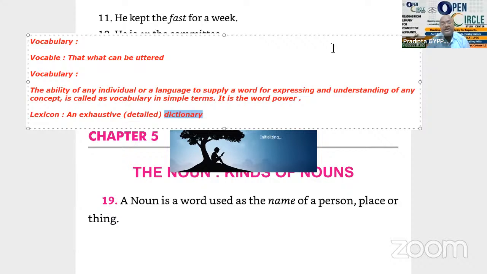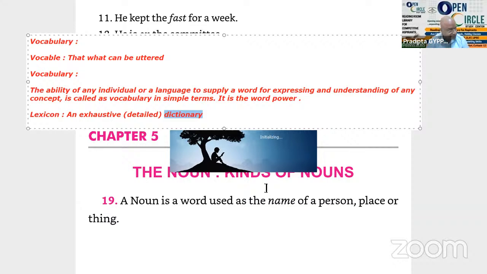A dictionary is a compilation, a book which contains the meanings of the words arranged in an alphabetical order. The words from A to Z, when we arrange them alphabetically, whatever compilation we get, that is called a dictionary.